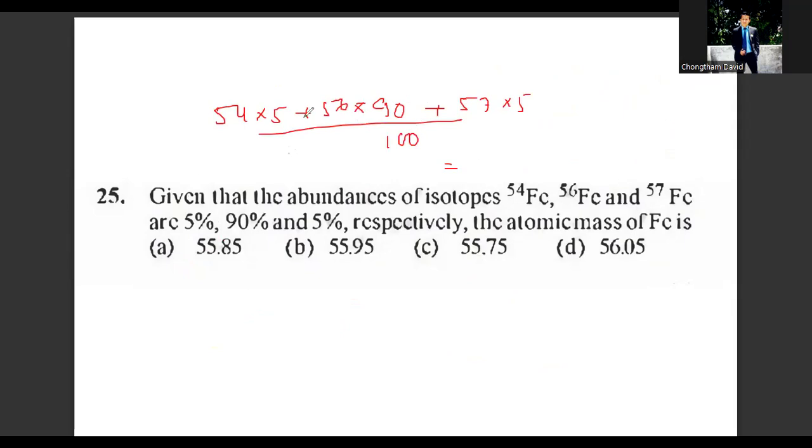So 54 into 5 would be 270, plus 56 into 90. Multiply, and after that you would be getting to 5,600. Okay, 55 approximate value. So 55.95 is the answer for question number 25, B. So you should be getting 55.95.